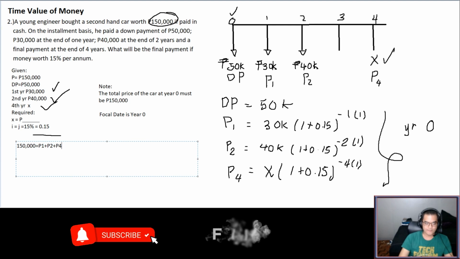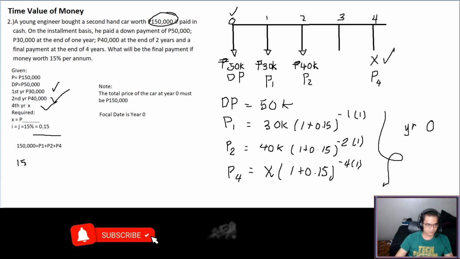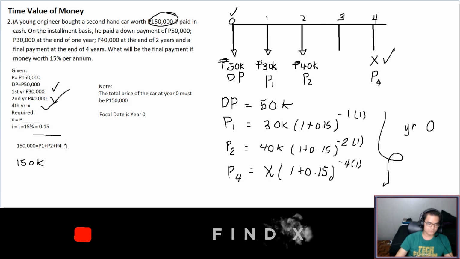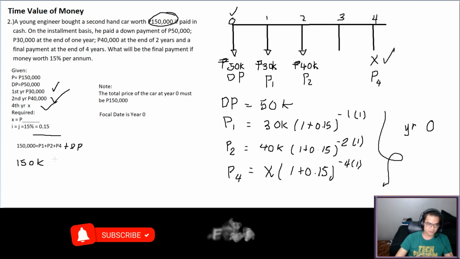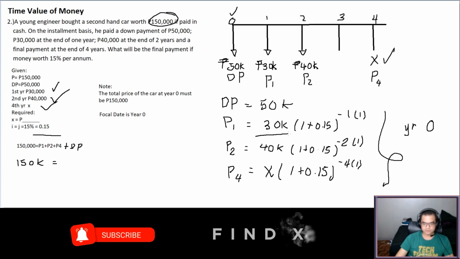Now if I put all the values there, you'll have something like this. 150K. Oh, I forgot the DP, sorry. We have the DP plus the DP. Okay, so 150,000. P1 is this one.